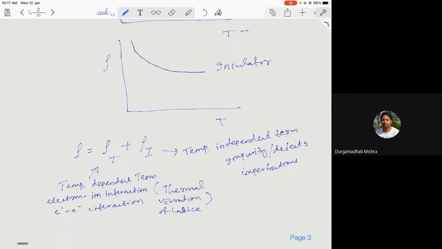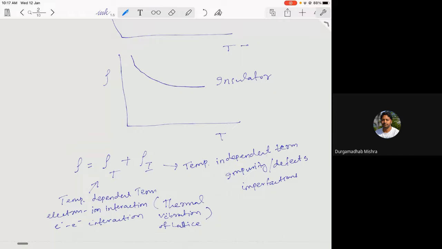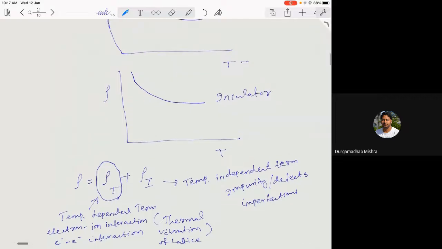When you are at higher temperature, this rho T term will dominate, because the thermal vibration of the atoms will be much higher. Therefore you see a clear temperature dependence of resistivity for metal.